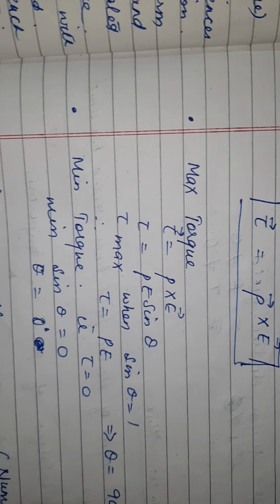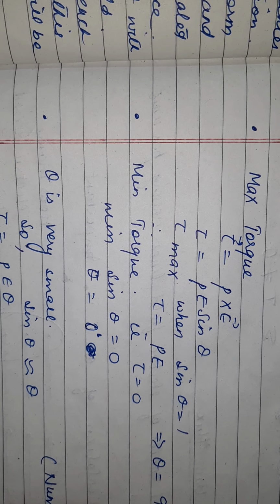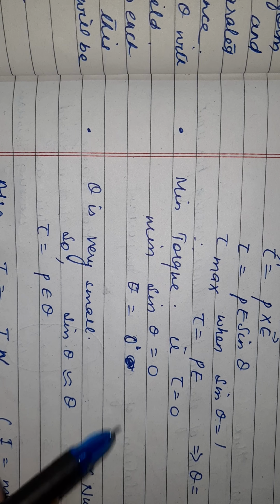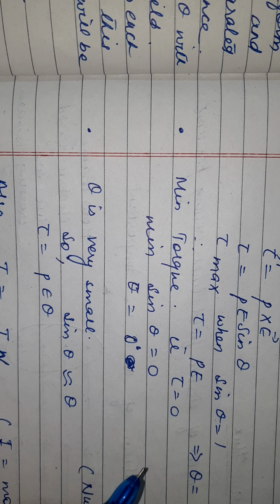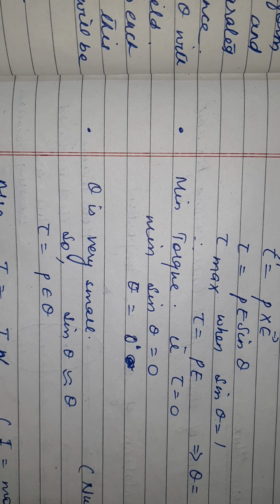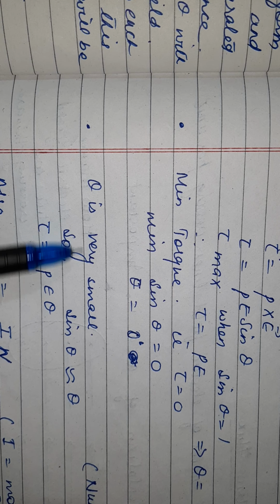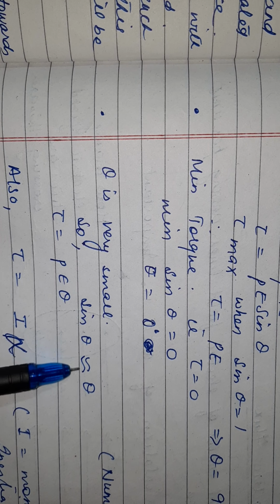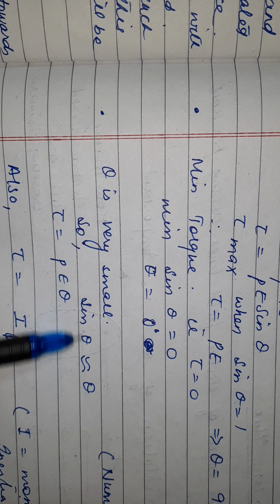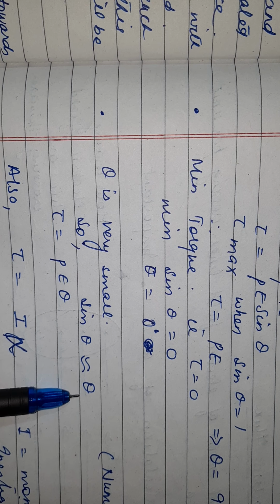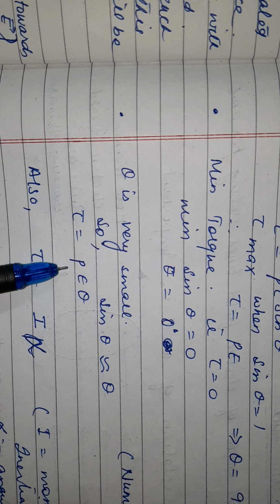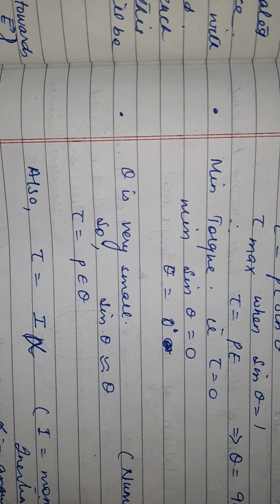So we get the minimum value when theta is 0 degrees. Okay, so we'll get minimum torque, or torque is 0, in this case. And when theta is very very small, sine theta is close to theta's value only. Sine theta is approximately equal to theta. So in this case we can write torque is equal to PE theta.